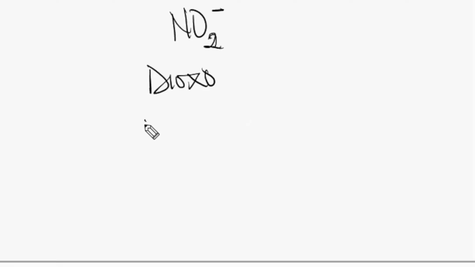So guys, in that case, the oxidation number of nitrogen plus 2 times that of oxygen, and guys, that of oxygen here is -2. Oxygen has a valency of -2.